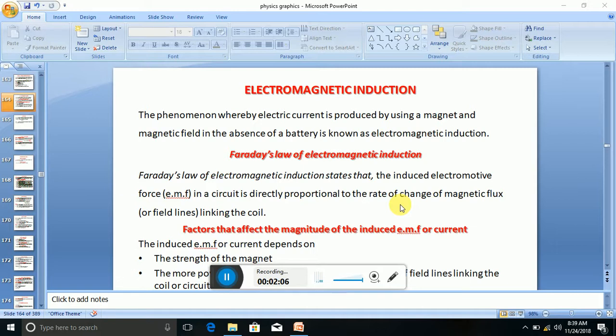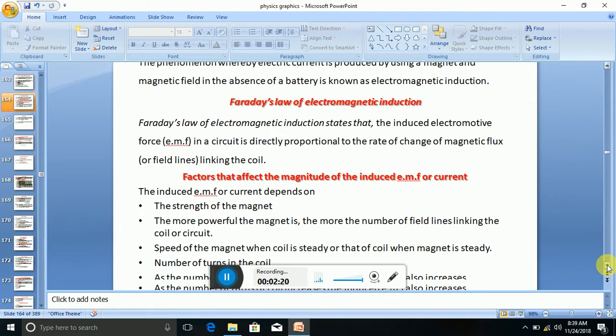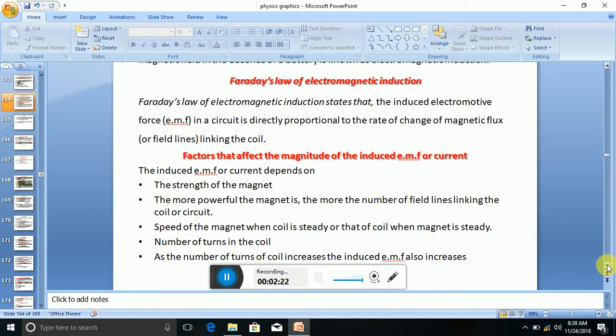Now, what are the factors that affect the magnitude of the induced EMF or current? The induced EMF or current depends on, one, the strength of the magnet.